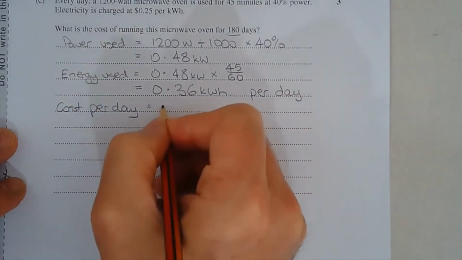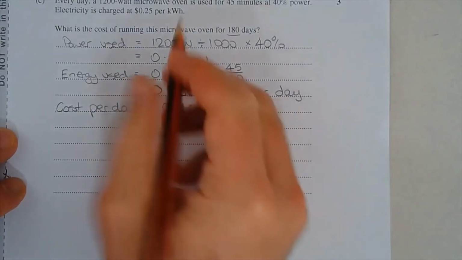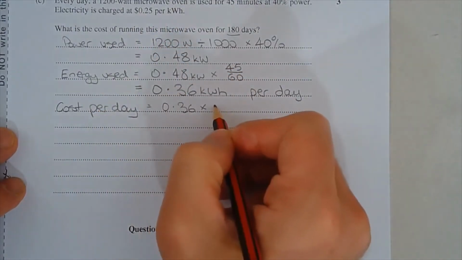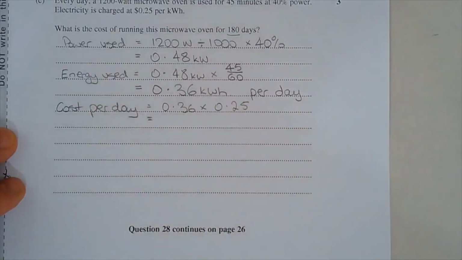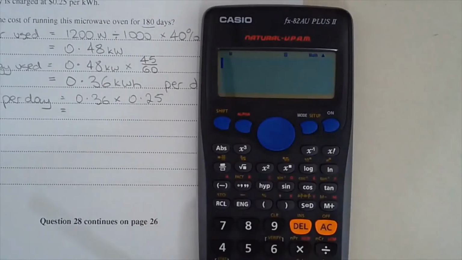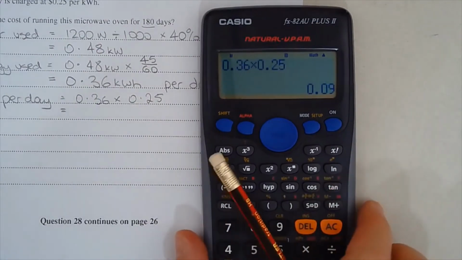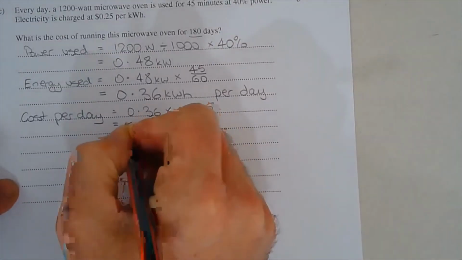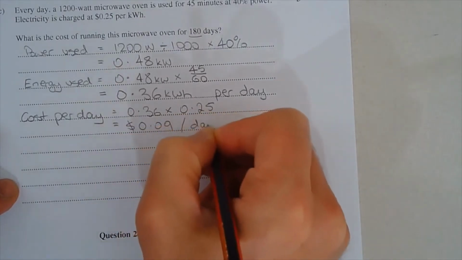Cost is equal to 0.36 kilowatt hours. We're going to multiply that by the cost per kilowatt hour, so it's $0.25. Okay, so 0.36 multiplied by 0.25, and we get 9 cents. That's per day.